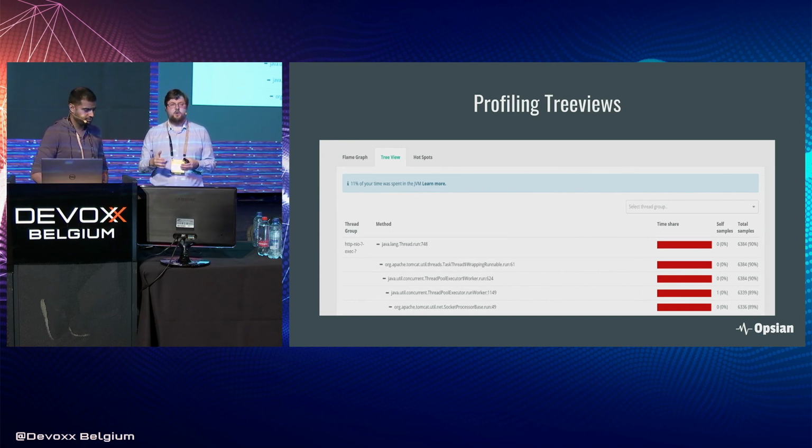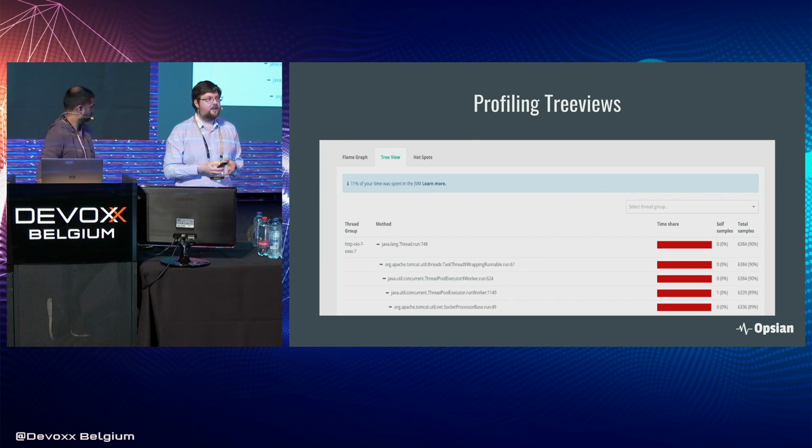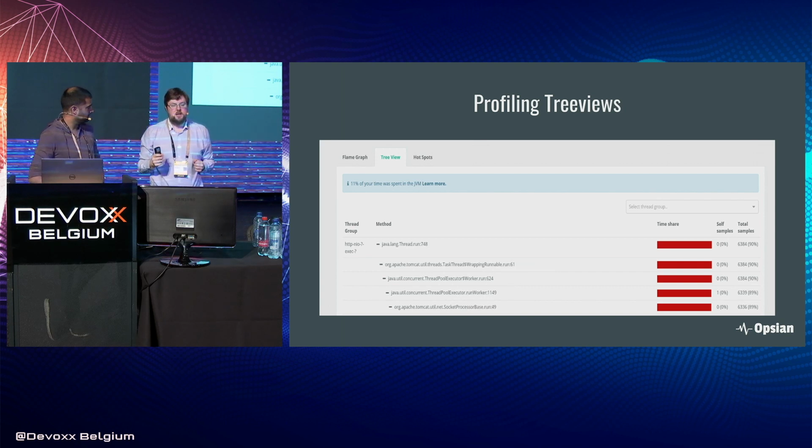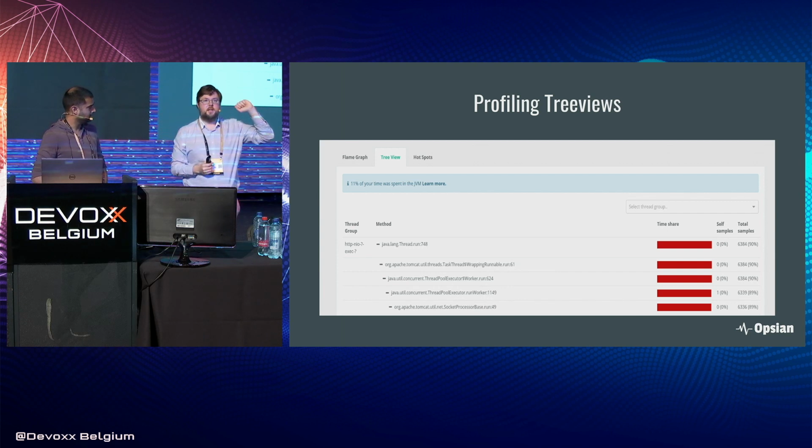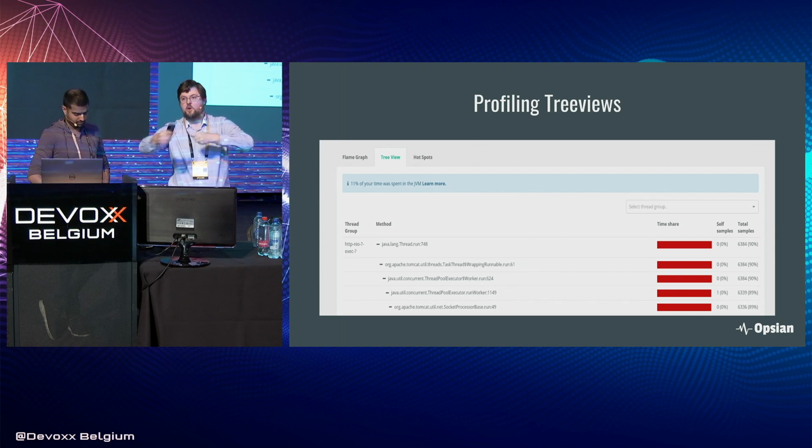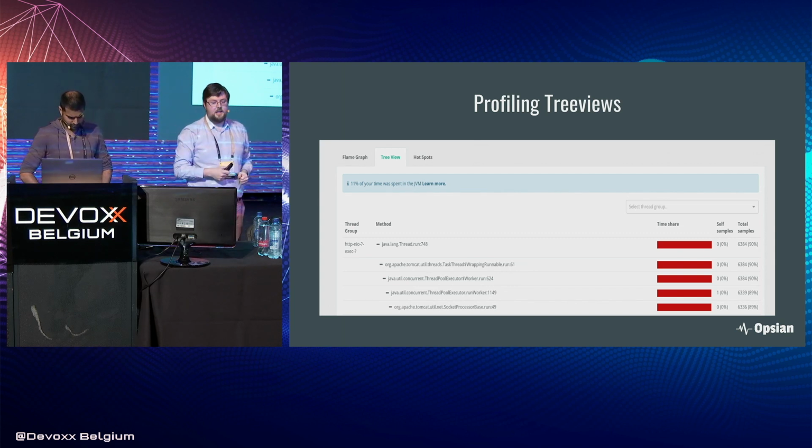Now, if you want a context-specific view, tree views are another view that you can use. A tree view takes the tree of all the method calls in your system and displays them laid out like that. So the top method would usually be something like java.lang.Thread.run, okay? Because ultimately that's the thing that will be calling lots of different things in your system.